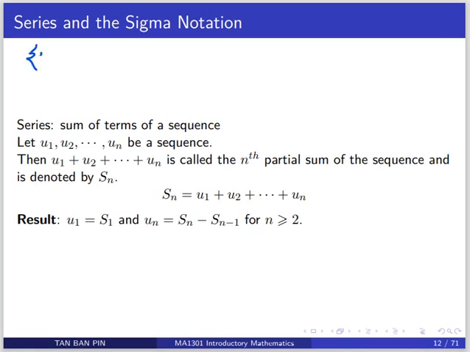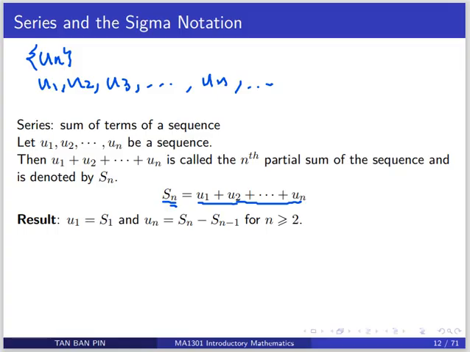Let's consider the sequence Un: U1, U2, U3, and so on. If you add the first n terms of this sequence, U1 plus U2 until Un, and denote it by Sn, we call this the nth partial sum of the sequence.